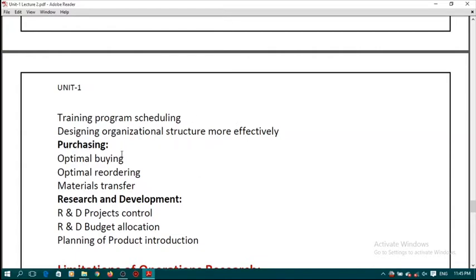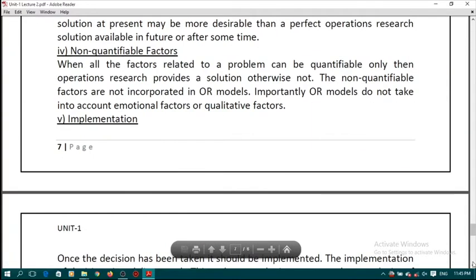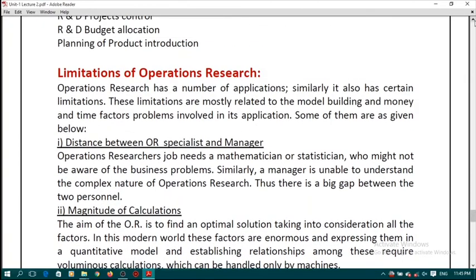Purchasing, optimal buying, optimal reordering, material transfer, like all doing all these things, we use OR. Research and development, R&D project control, R&D budget allocation, planning of product introduction, we use operation research. So these are some major fields where operation research is needed.